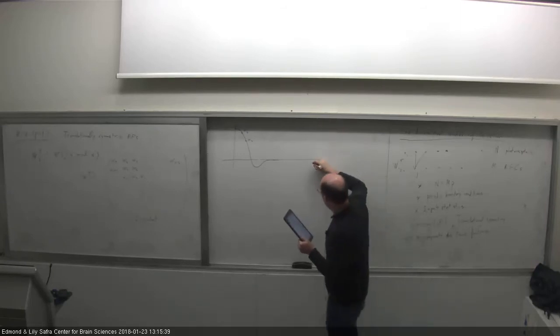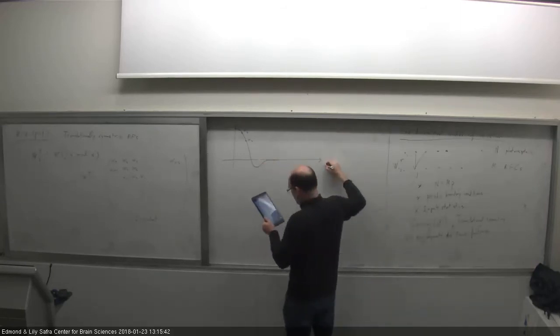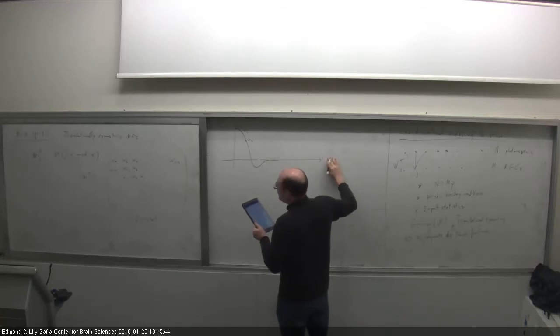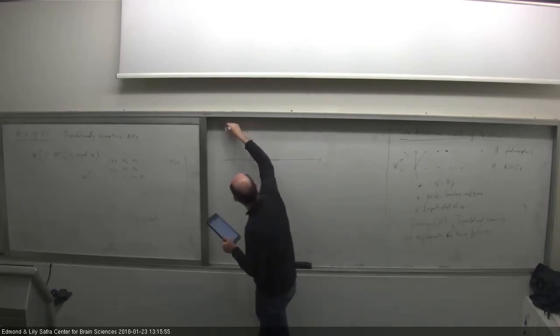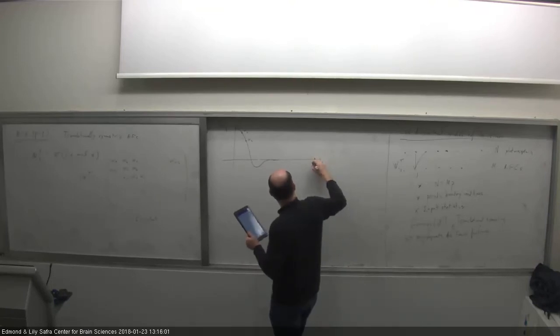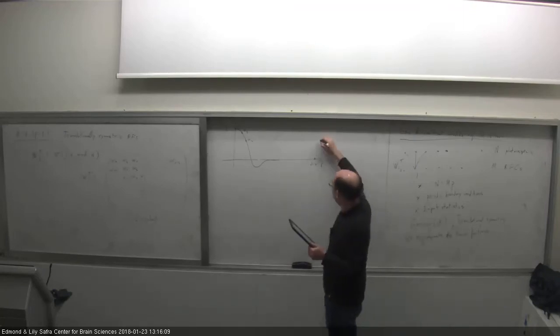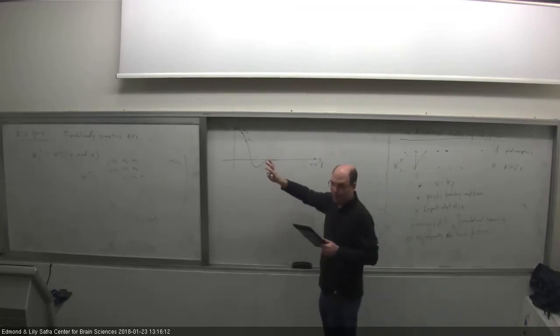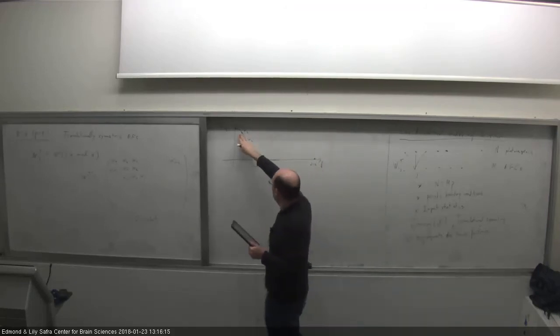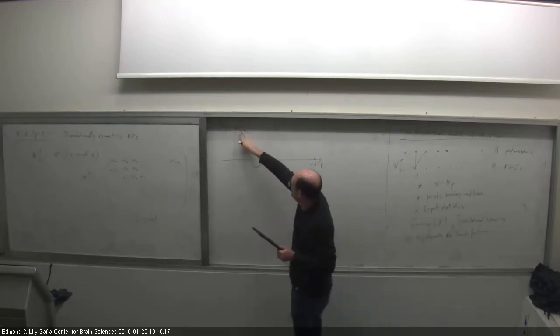So actually, let's call the index L. L goes up to n minus 1, and we expect our function's value at n minus 1, which is like minus 1, to be exactly the same as here.